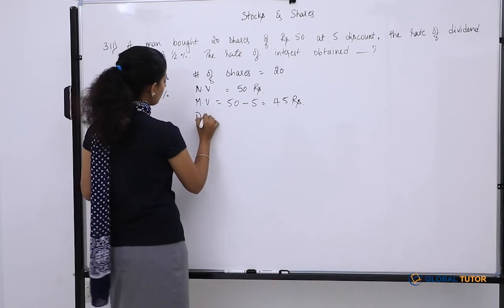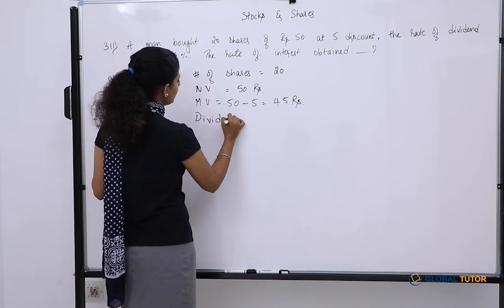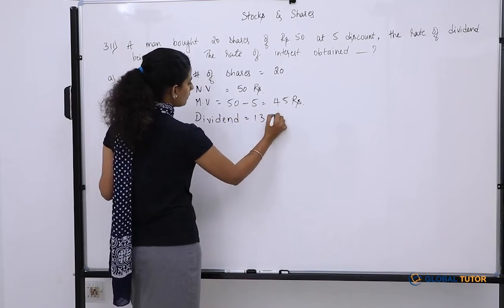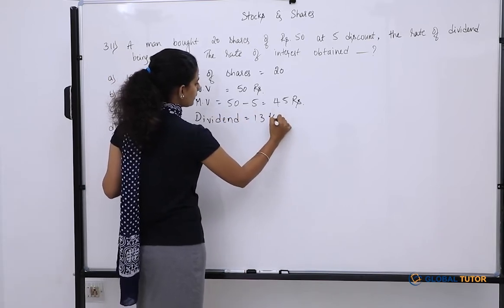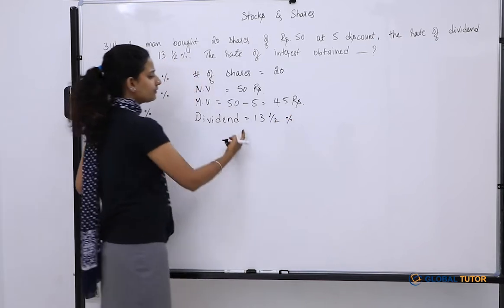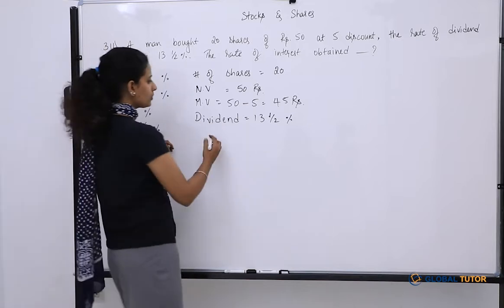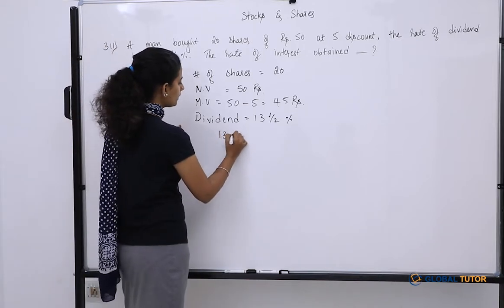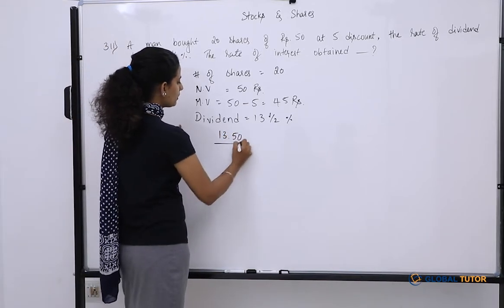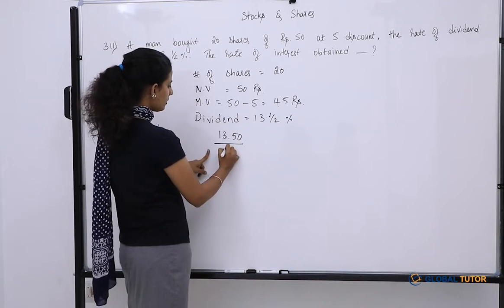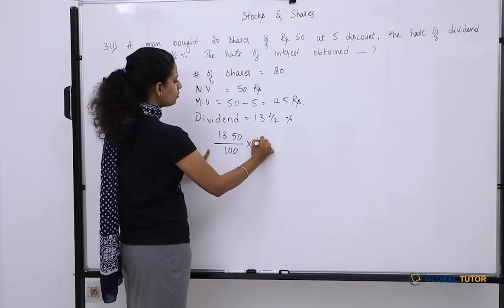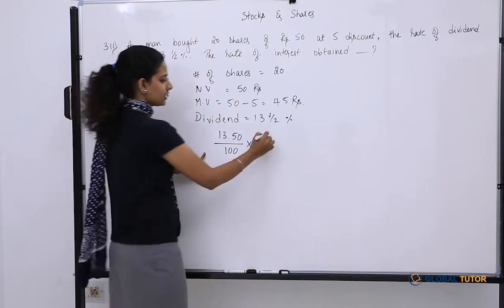So, here dividend is equal to 13.5%. And we know that dividend is always calculated on the nominal value. So that will be 13.50 divided by 100 into the nominal value 50.